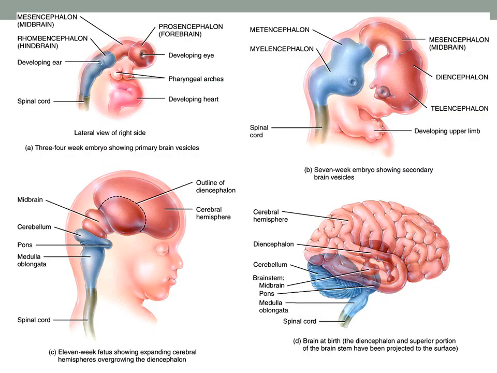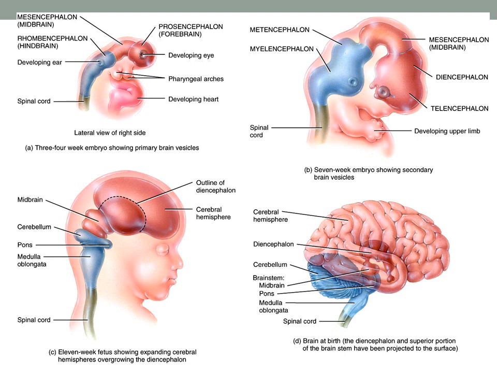And so just to review, for those of you that have your handout materials, we see that in our diagram we have a 3-week-old embryo, and it shows the primary brain vesicles simply as extensions of the most rostral end of the neural tube.